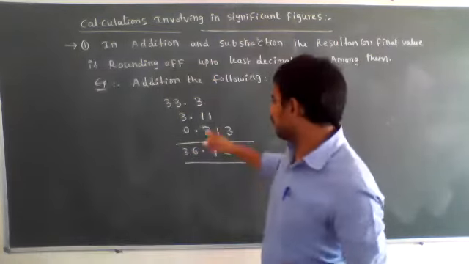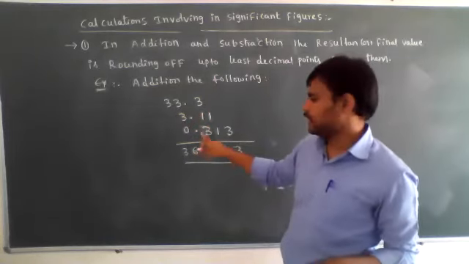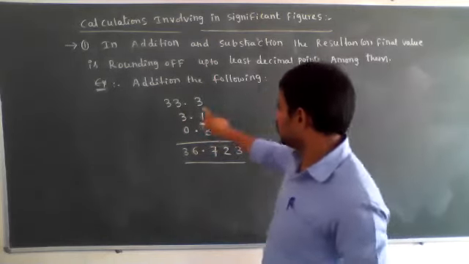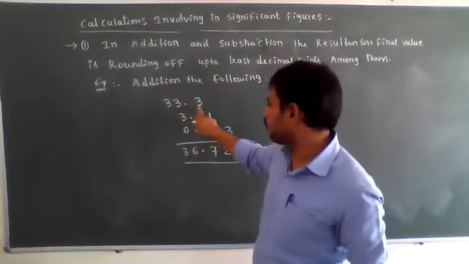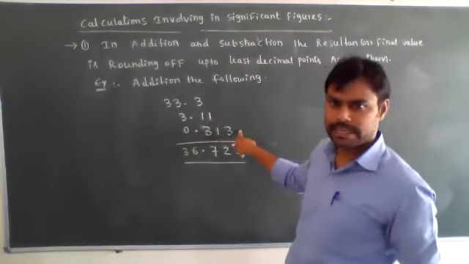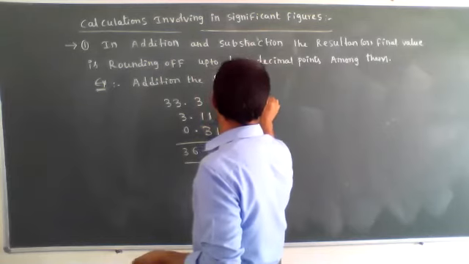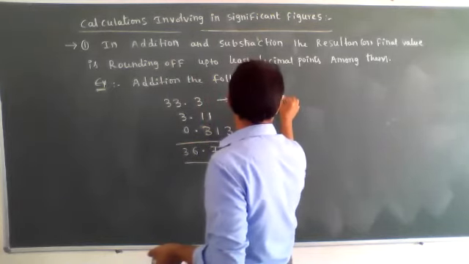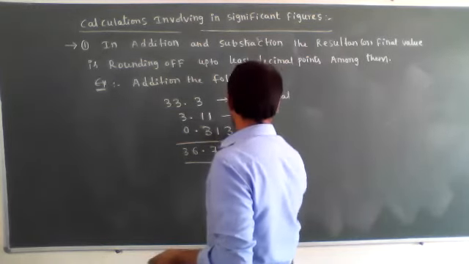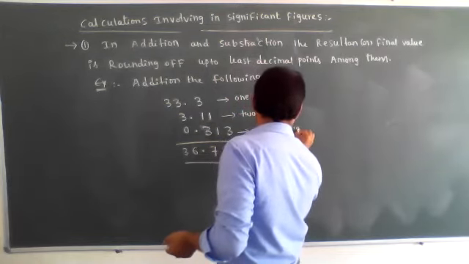Now observe that among the given values, one is 33.3, another is 3.11, another is 0.313. Which has the least decimal points? 33.3 has one decimal point, 3.11 has 2 decimal points, and 0.313 has 3 decimal points.